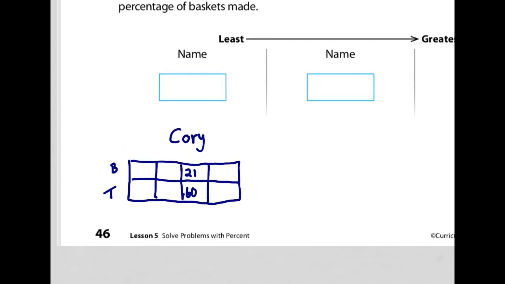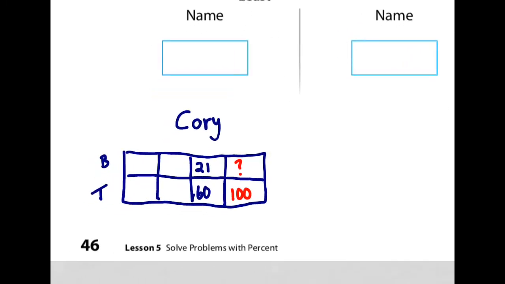So remember, percent is going to be the ratio when it's out of 100. So how do we get that? Well, first thing I could do is I can find an equivalent ratio. So what I'm going to do here is I notice if I divide each of these by 3, 21 divided by 3 and 60 divided by 3, I'll get a nice equivalent ratio out of 20. So 21 divided by 3 is 7, and 60 divided by 3 is 20.